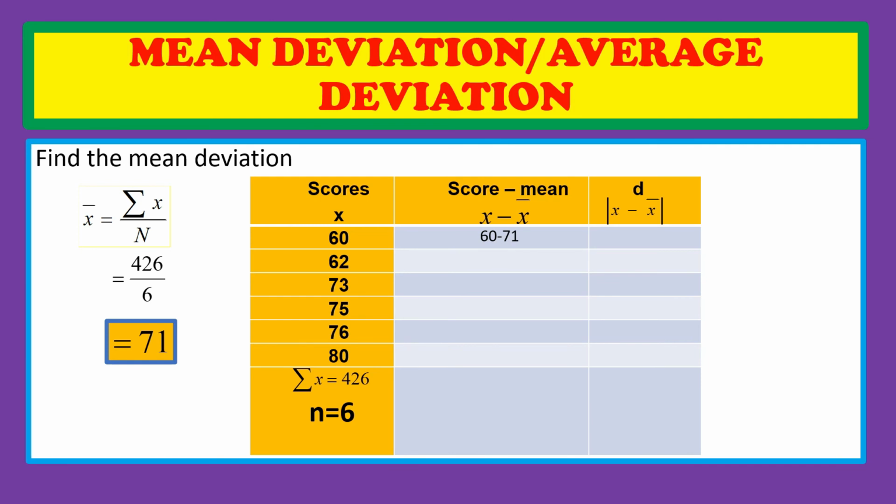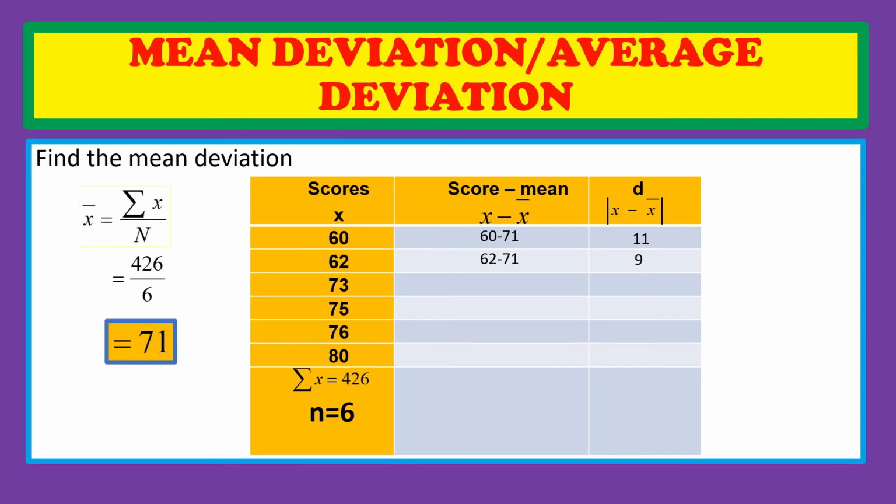So now we will be subtracting the mean from each of the scores. 60 minus 71 is actually negative 11. Since we are dealing with absolute value, we do not have a negative result, because the absolute value of a negative number is a positive number. So we have 62 minus 71.